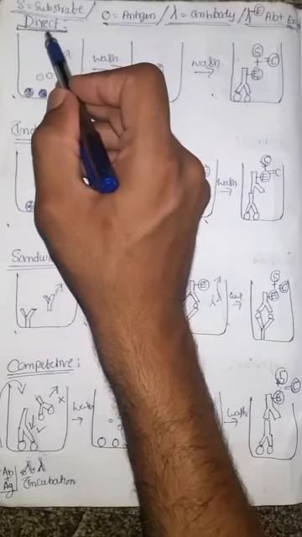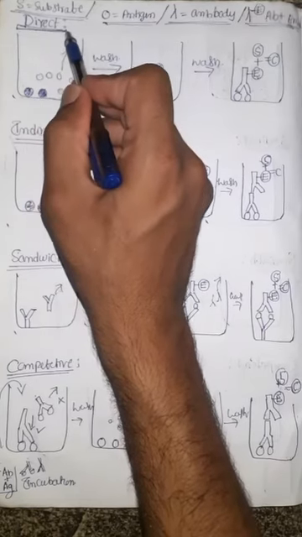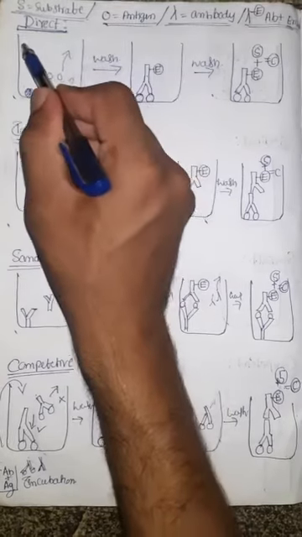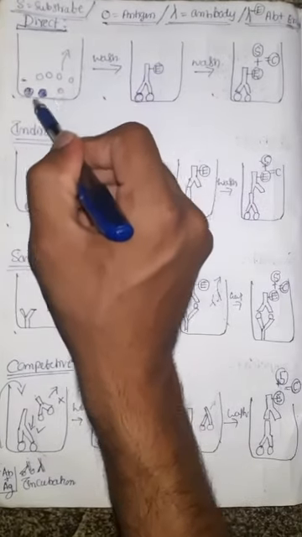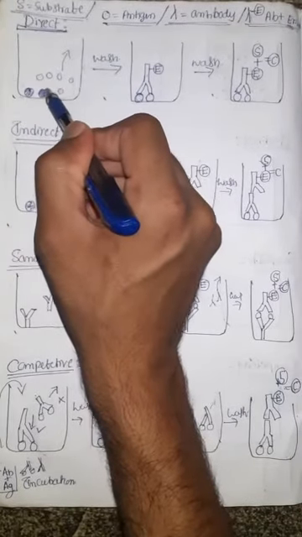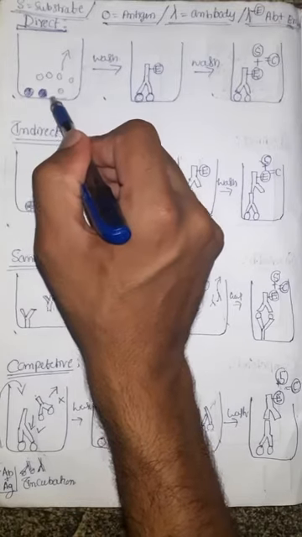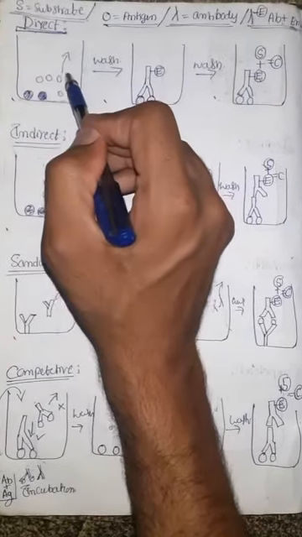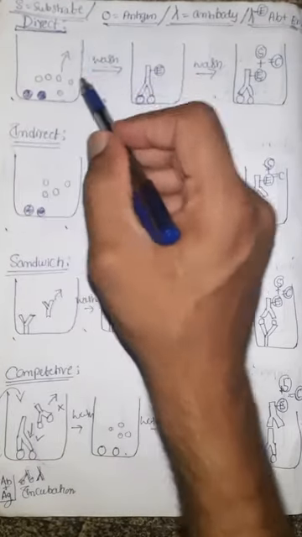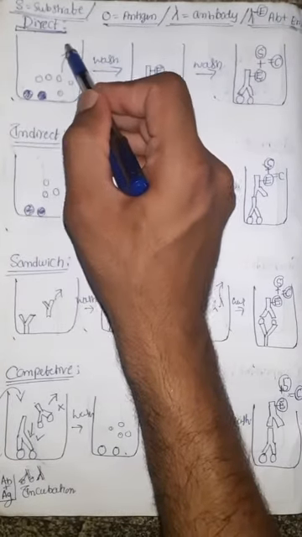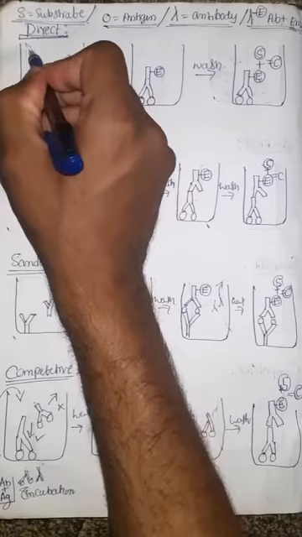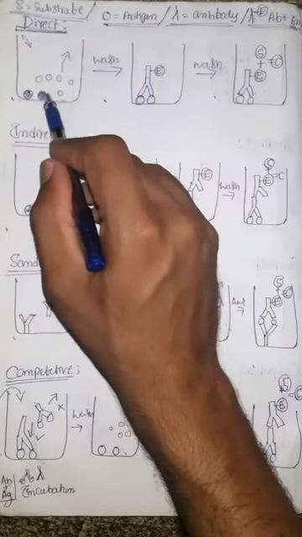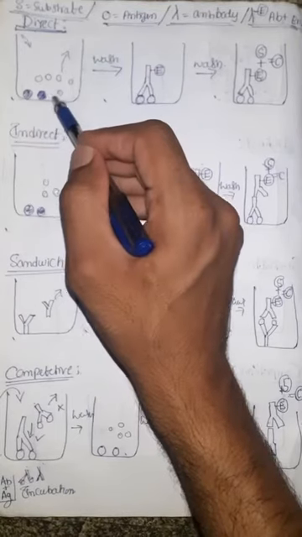Now we will see the procedures one by one. First we will be discussing the direct ELISA test and its procedure. Here we took one jar like structure. It is nothing but a micro titer plate well. For easy understanding I took only one well. In the first step we added an antigen into the micro titer plate well. An antigen may be a virus, a bacteria, whatever it may be.